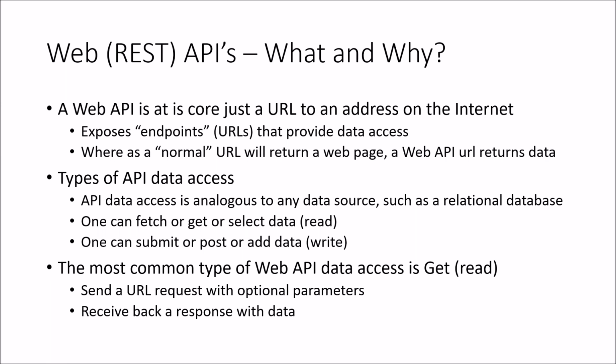Another type of data access is posting or adding data, and that's write. And that's where you would have update or insert or delete. So the most common type of web API data access is get, or reading data. And in that case, you send a URL request with optional parameters and you receive back a response with data.